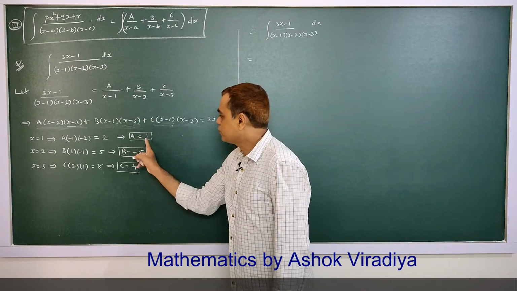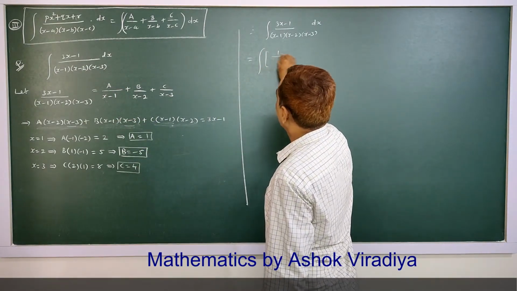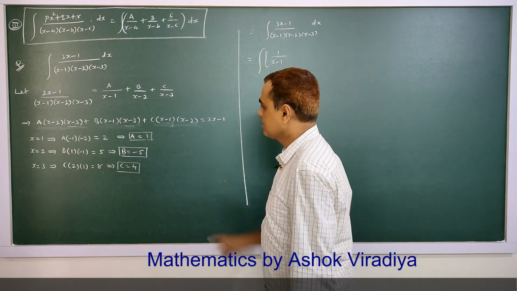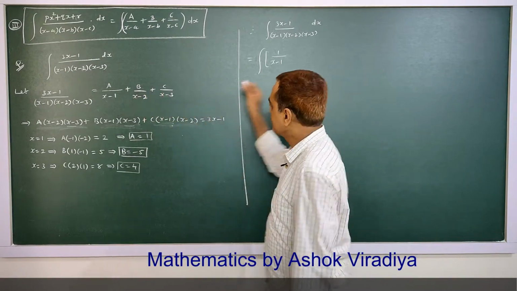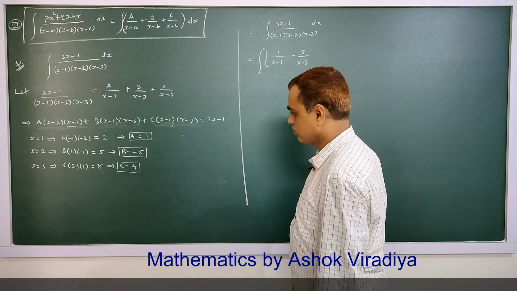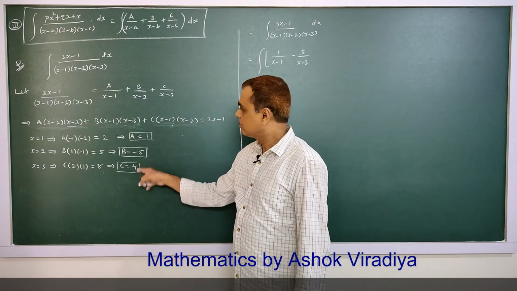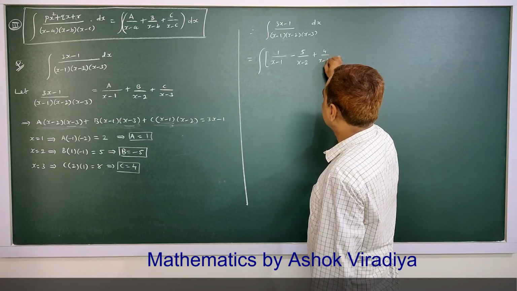So a is 1, so 1 upon x minus 1. B is minus 5, so put here minus 5 upon x minus 2. C is 4, so put here 4 upon x minus 3.